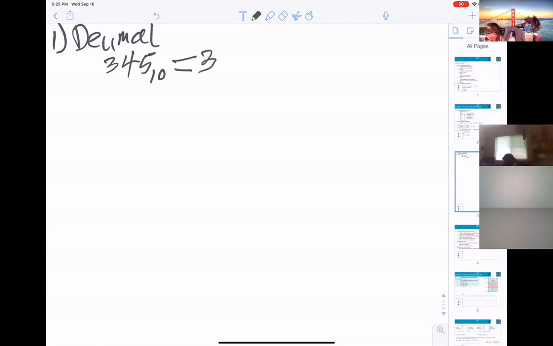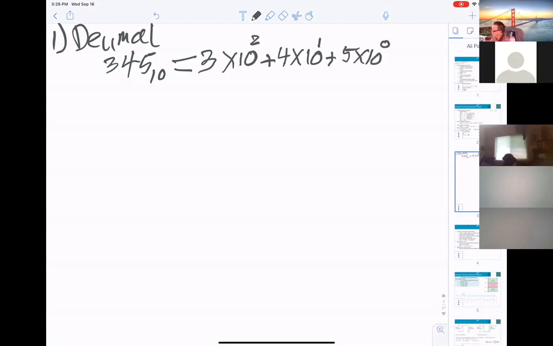When you get 3, 4, 5, I can write it a different way. I take 3 times 10 to what power? 2, right? And you add 4 times 10 to the power 1. And you add 5 times 10 to the power 0.